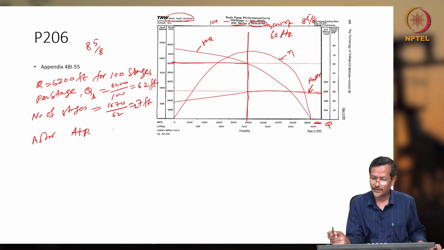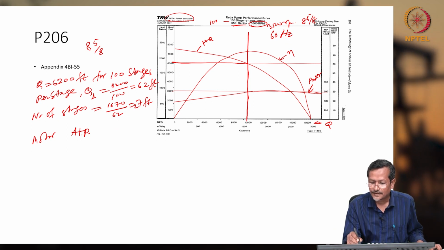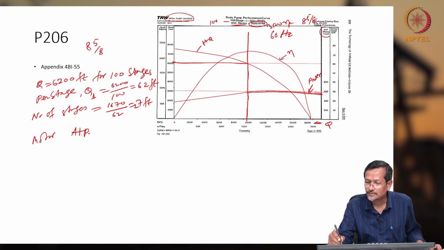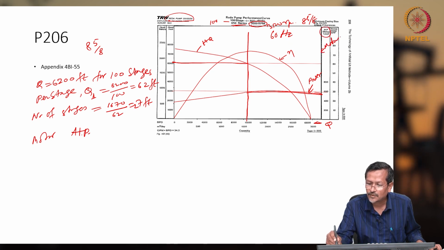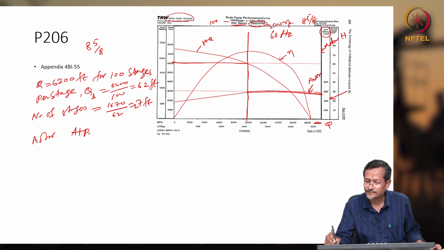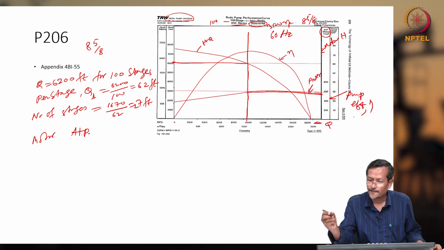So if I see motor horsepower here, on the same chart, this is the motor horsepower curve, and this is the pump efficiency curve, or eta.